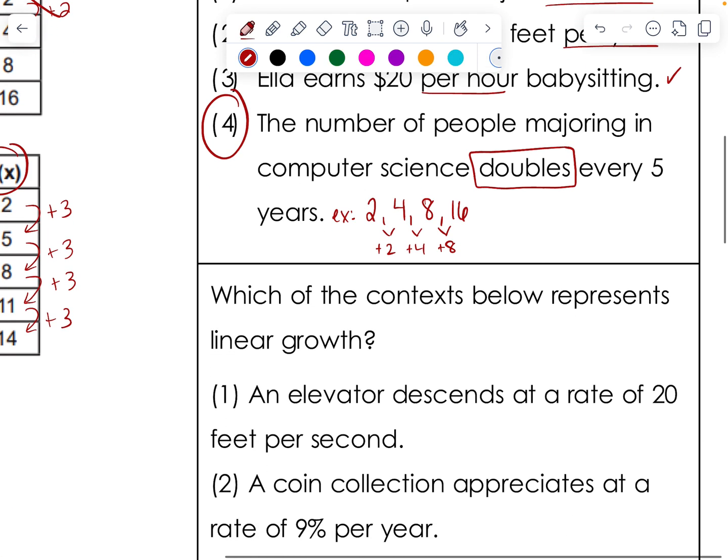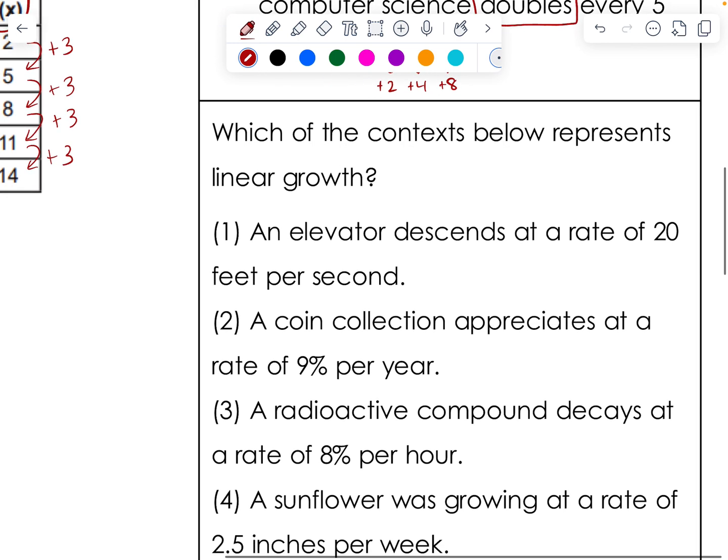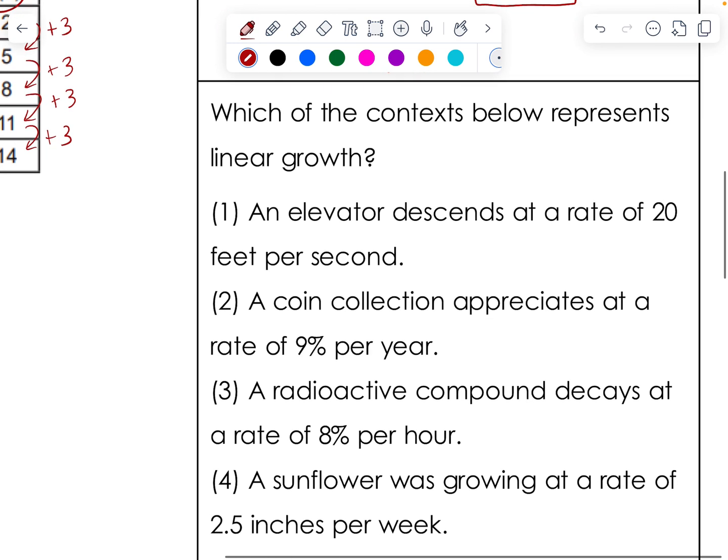All right, last example is very similar. This is saying which of the contexts below represents linear growth. Linear growth, okay? So choice 1 says an elevator descends at a rate of 20 feet per second. Well, you might see the 20 feet per second and say, okay, that's linear growth. However, it's saying descends.